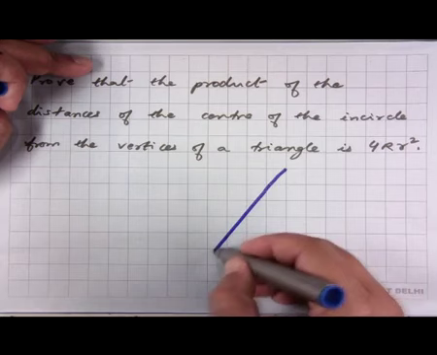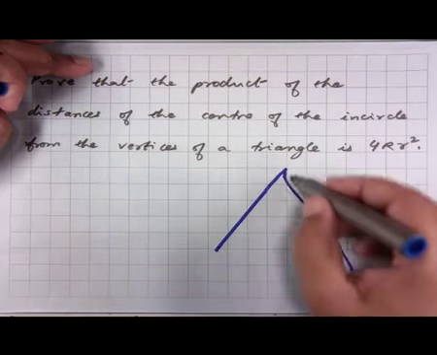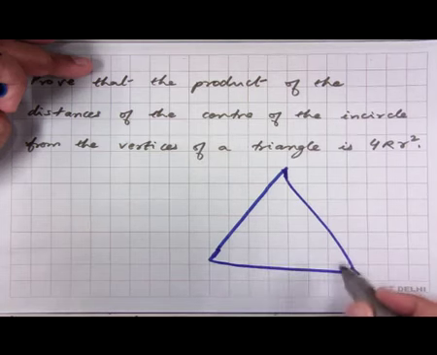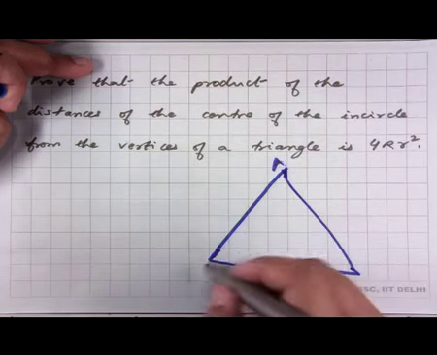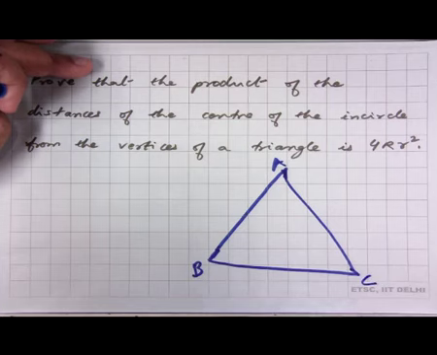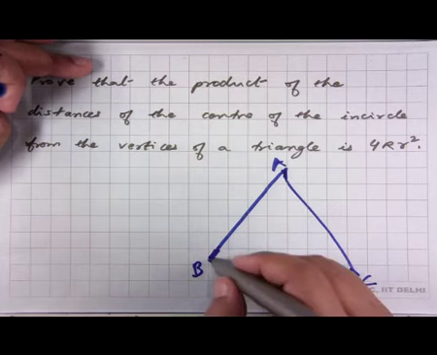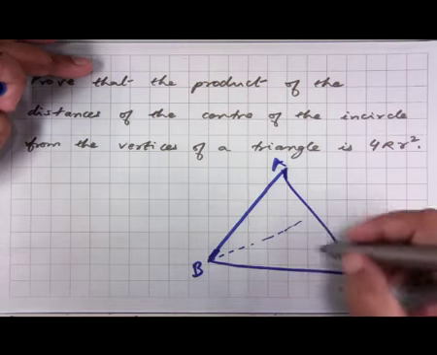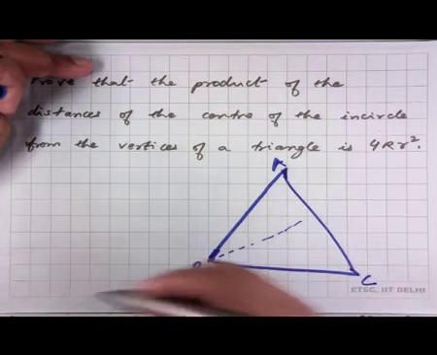So, let us say this is the triangle A, B, C, and we have these angle bisectors because we are talking of incircle.